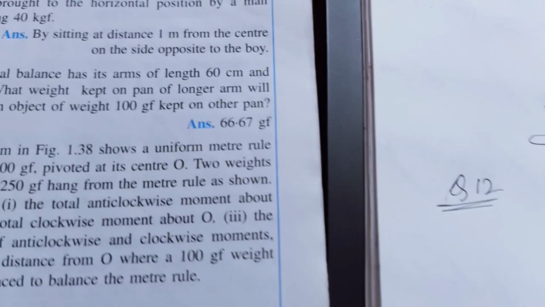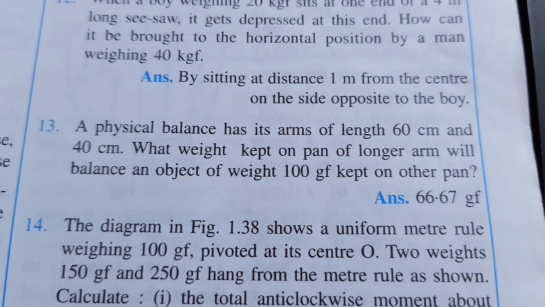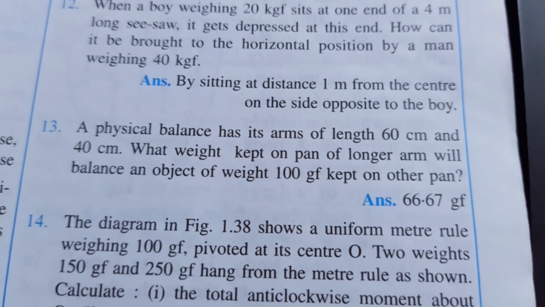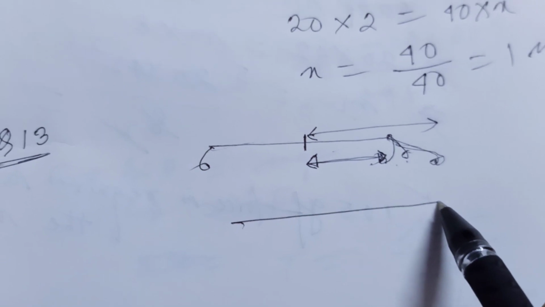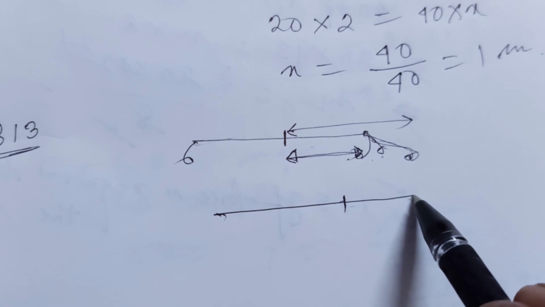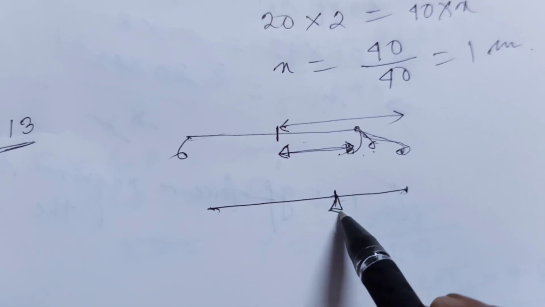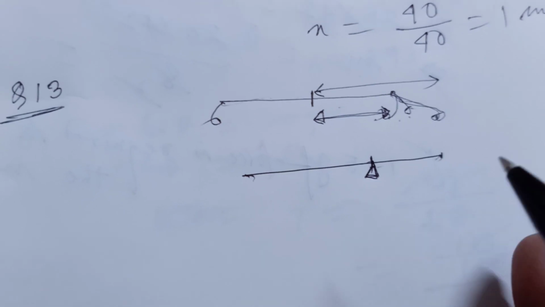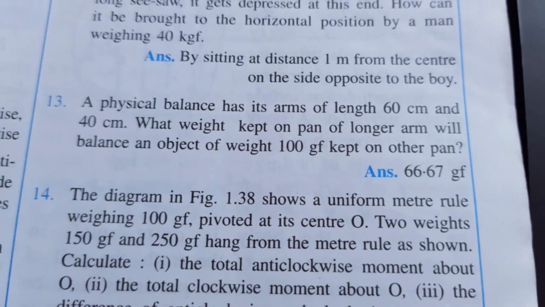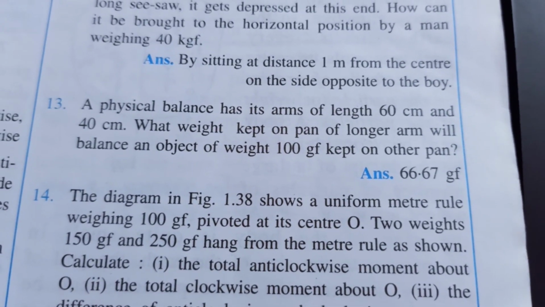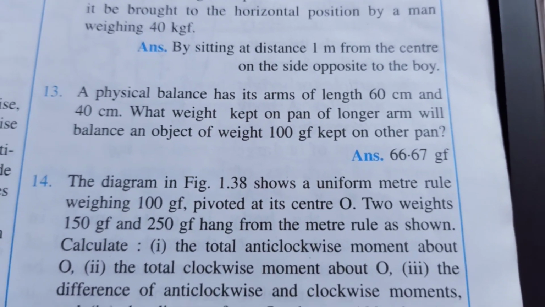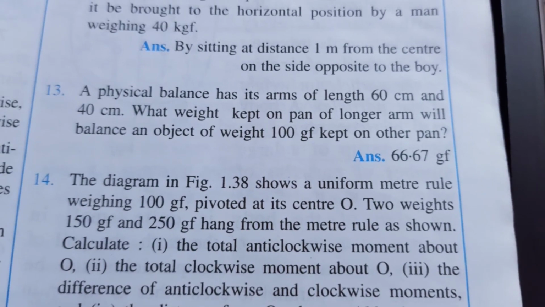So let's go to the numericals. Question number 16. A physical balance has its arms of length 60 centimeter and 40 centimeter. So this is 60 centimeter and this is 40 centimeter, and here it is the fulcrum.